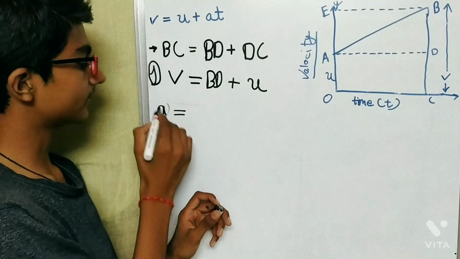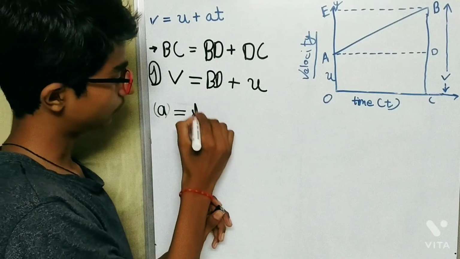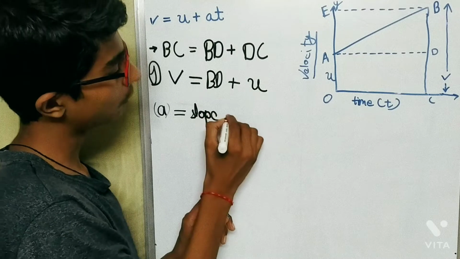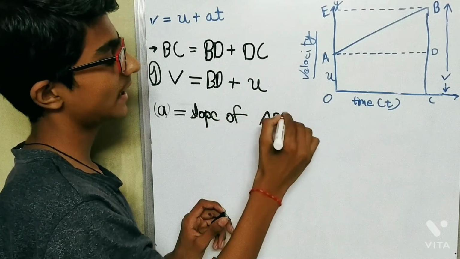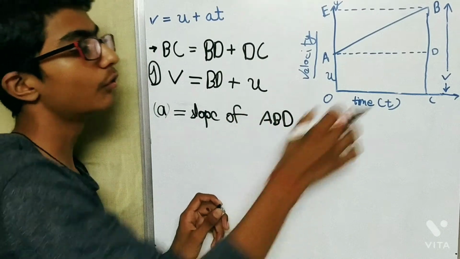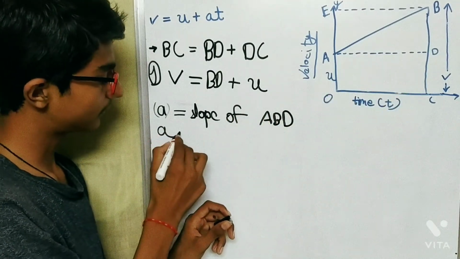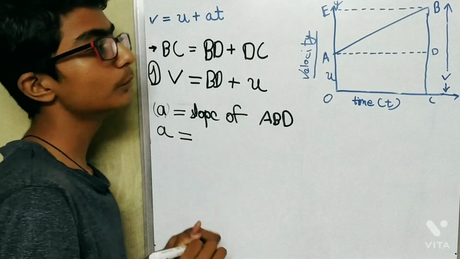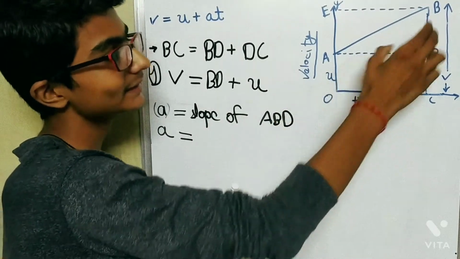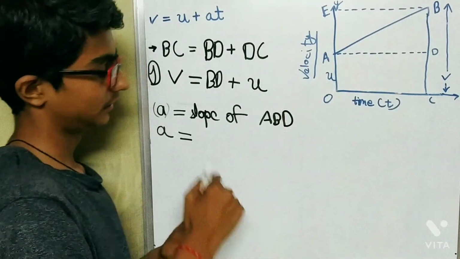Let me write here, acceleration a is equal to the slope of ABD. So what is the slope of ABD? The slope of ABD is BD upon AD.